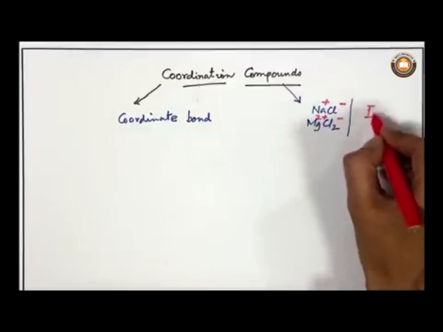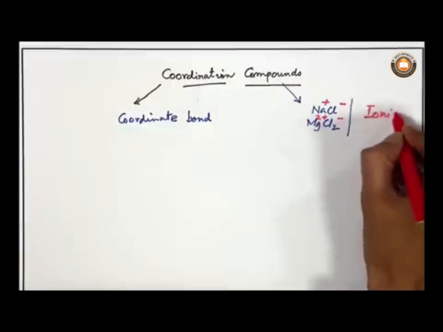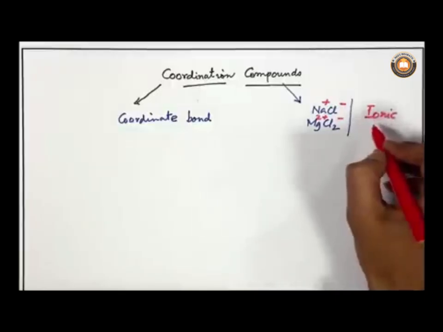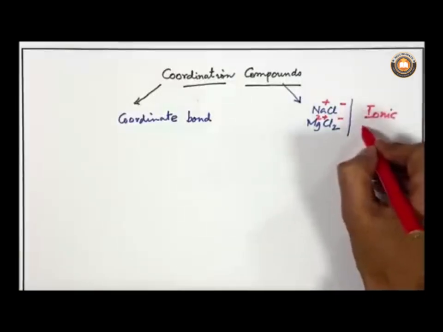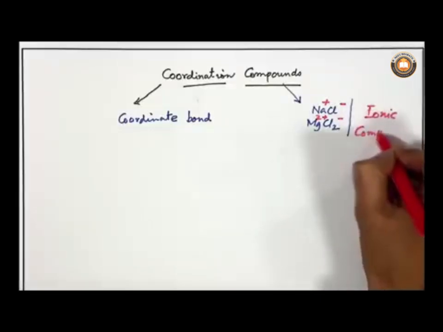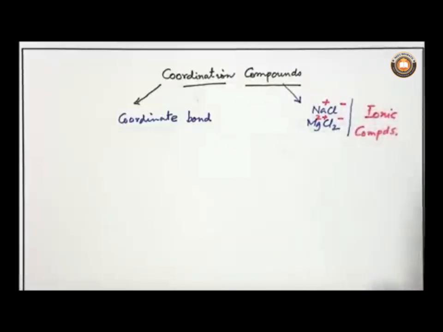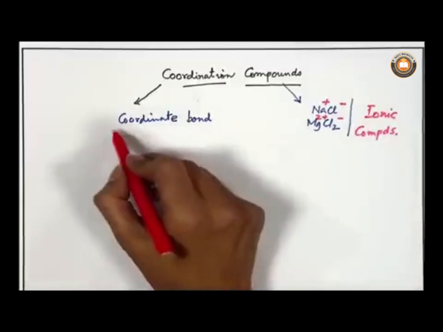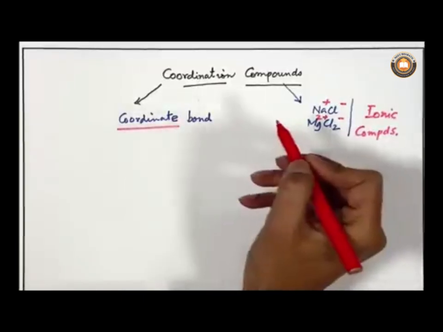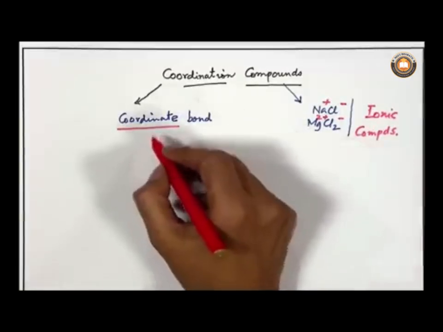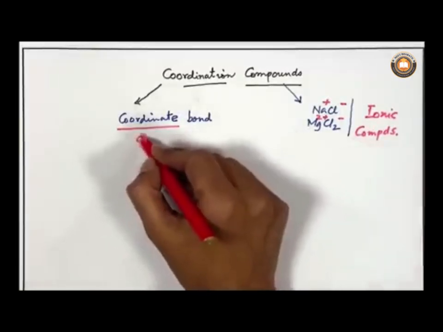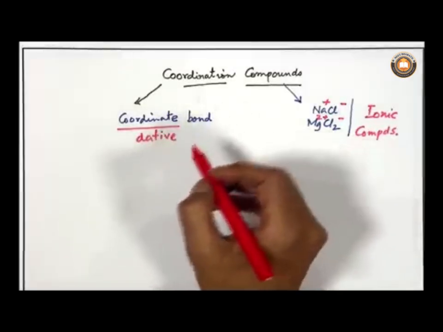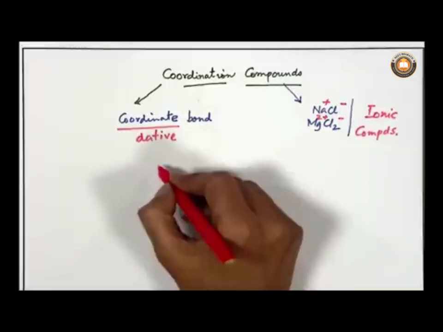They are packed in lattices, forming ionic bonds, and these are ionic compounds. Compared to that, a compound having a coordinate bond, which is also known as a dative bond, involves donation of electron charge.